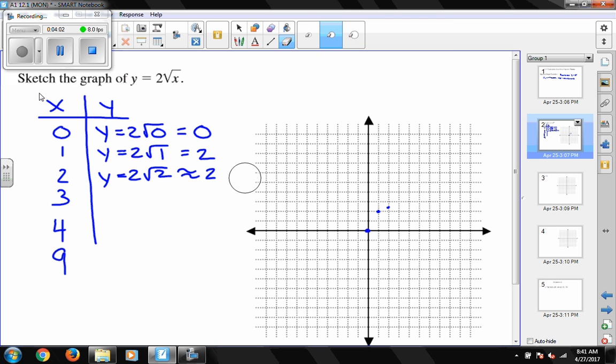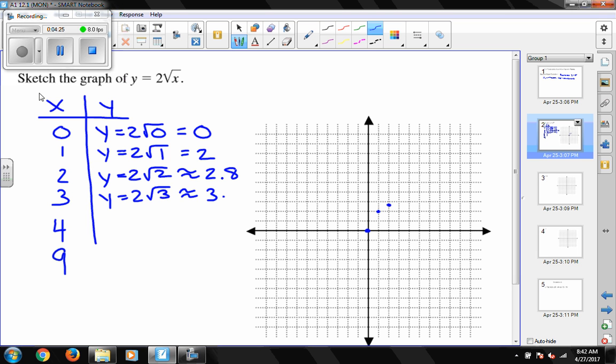Oh, that should be closer to 2.8, closer to there. We take the square root of 3, multiply it by 2. You can do all this on your calculator here. So you get 3.5 roughly.